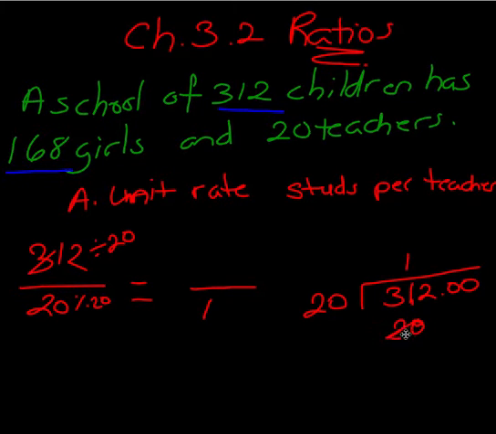We'll go ahead and subtract, which will give us 11. Bring down our 2. 20 goes into 112 5 times. All right, so we know that that is 100. Okay, 112 minus 100 gives us 12.